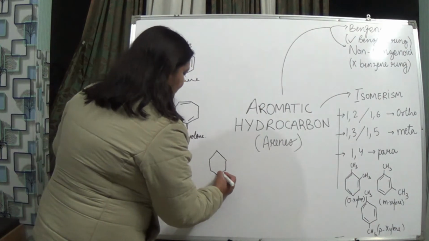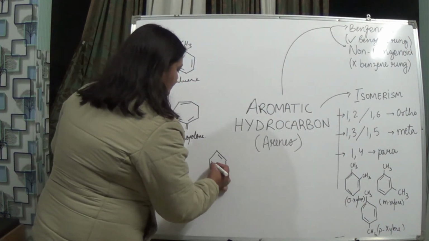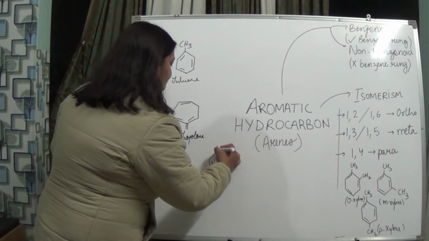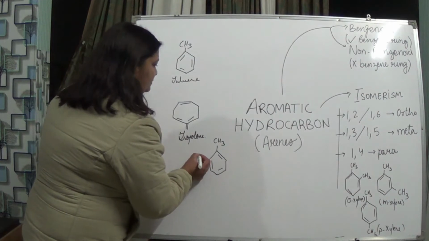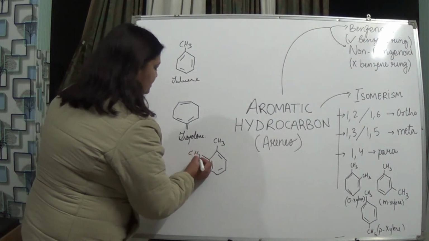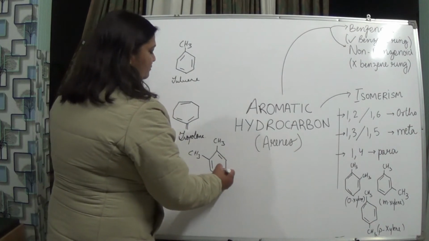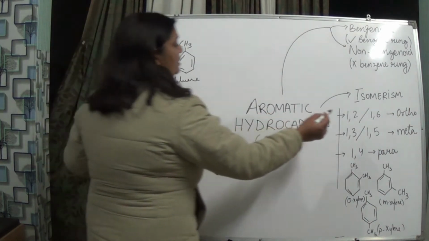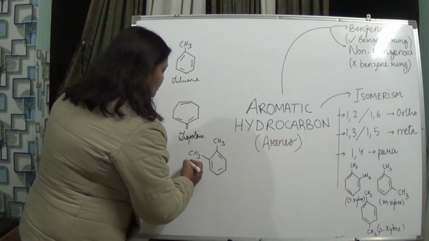So if CH3 is attached in this position, this is the first position, then 2, 3, 4, 5, 6. So it can be 1 and 6. This is also the ortho position.